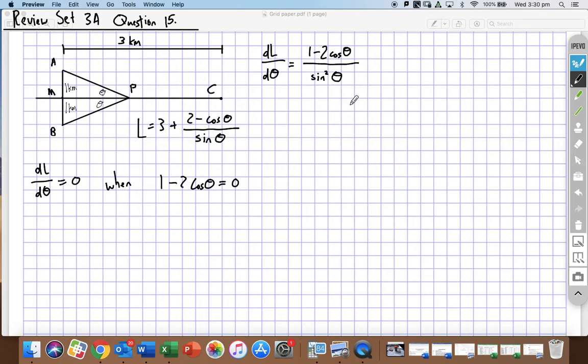Now, it might be worth noting that theta cannot equal 0, okay? Because if it did, then the denominator here equals 0. I should have picked that up in the original length function as well, right? So we're not allowed to bring theta down to 0.